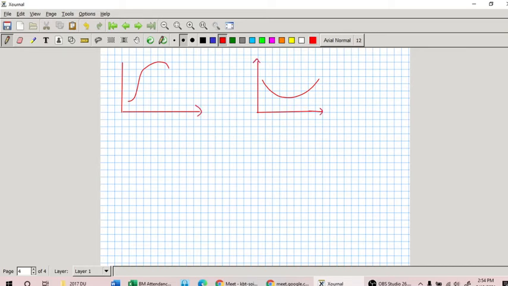I hope you are able to recognize these curves. Can anyone recognize these curves? Can anyone from my class recognize these curves?